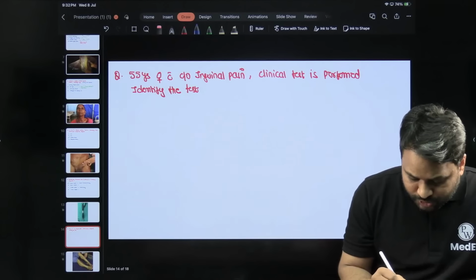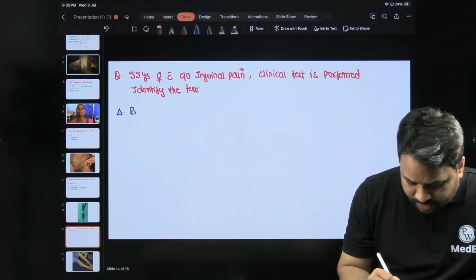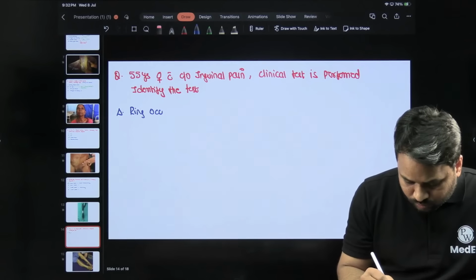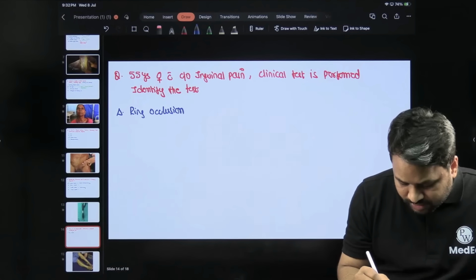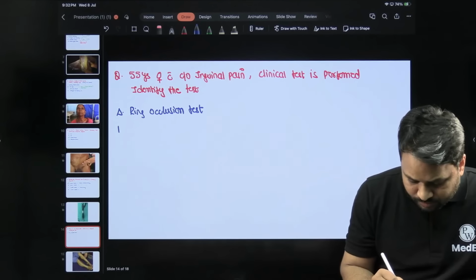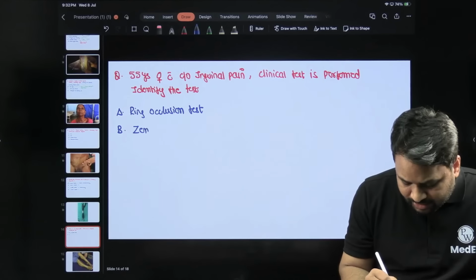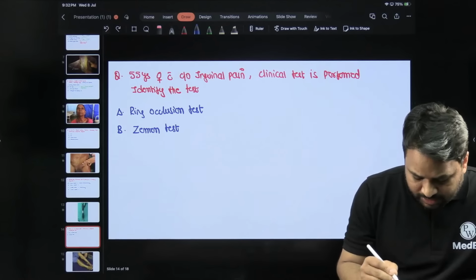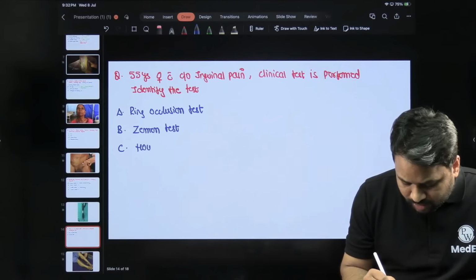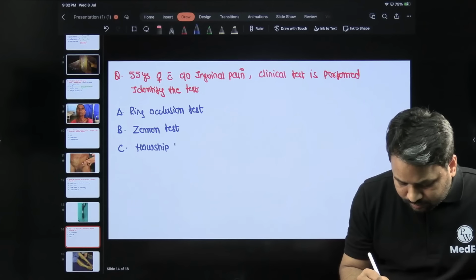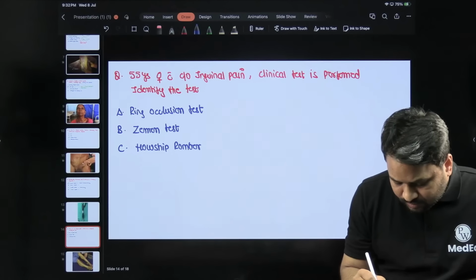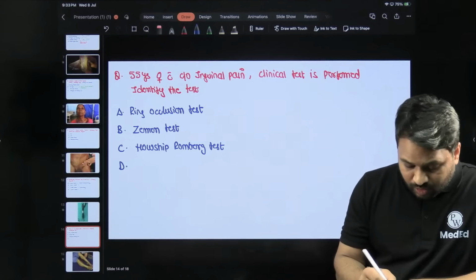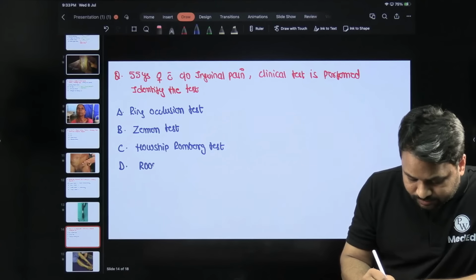Option A, is it a ring occlusion test? Option B, is it a Zeeman test? Option C, is it a Hausche-Bromberg test? And option D, is it a Roos test?